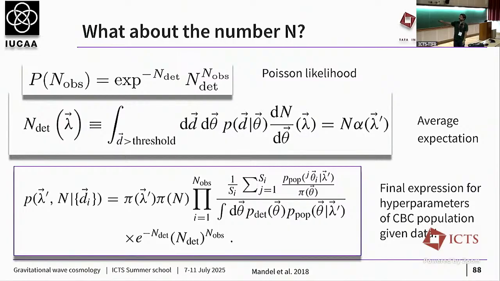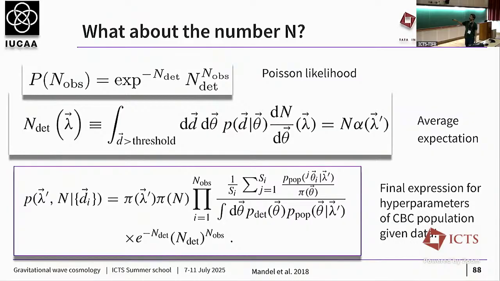In fact, the number of detectable events will come from the total number of events that you have. So dN/d theta is a function of lambda. Given your hyperparameters, what is not only the shape, but also the distribution of these different parameters given your parameter set?